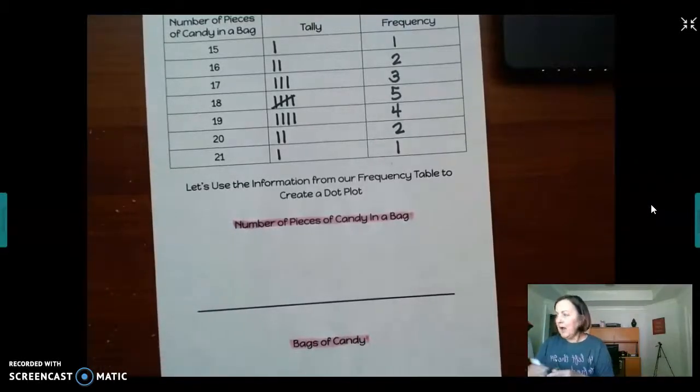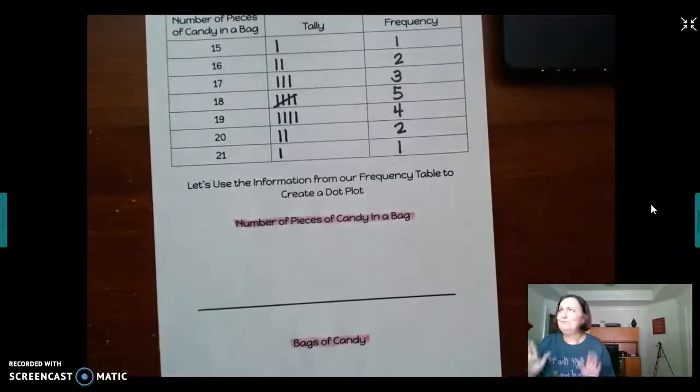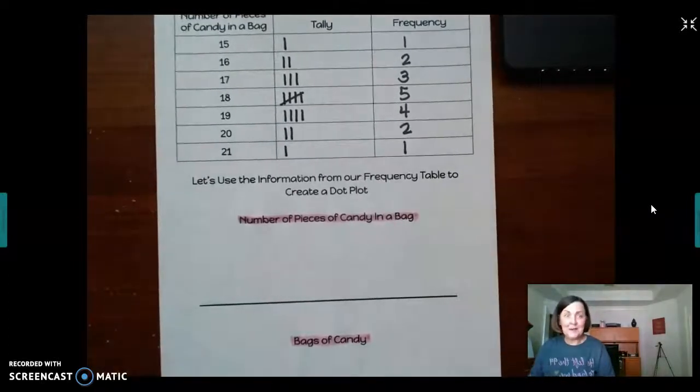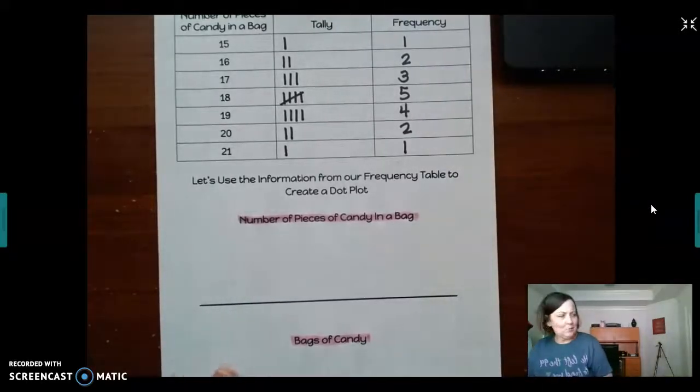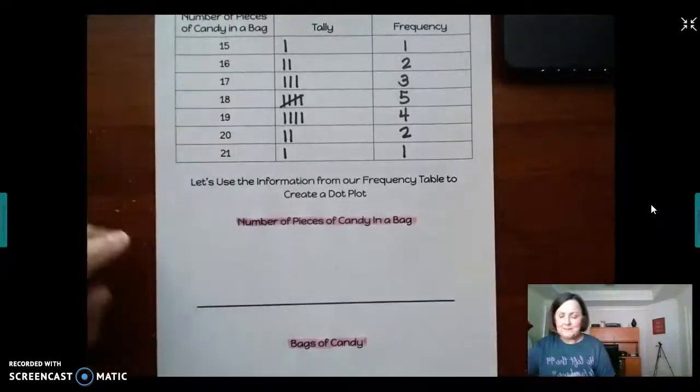So a dot plot is basically information that's organized using a number line. Number lines are so powerful and so important in math. We use them for everything. So let's start with our number line. So our lowest or least amount is 15.